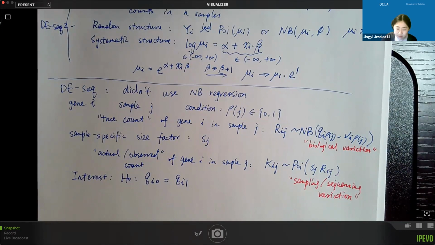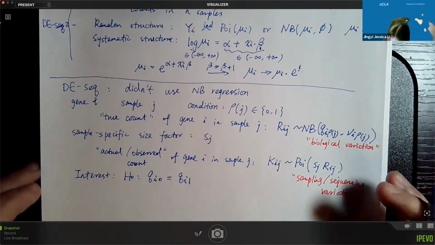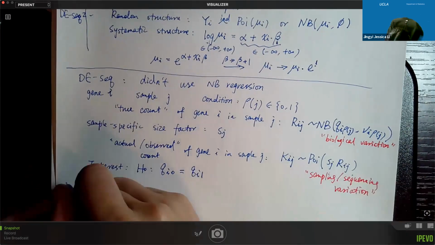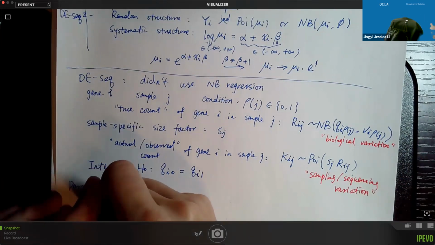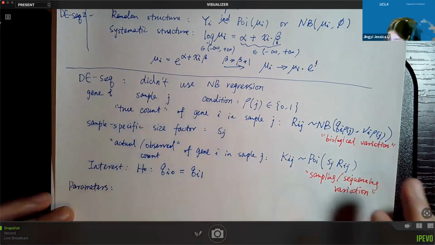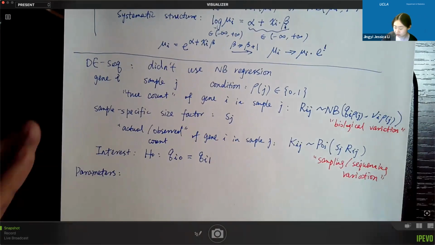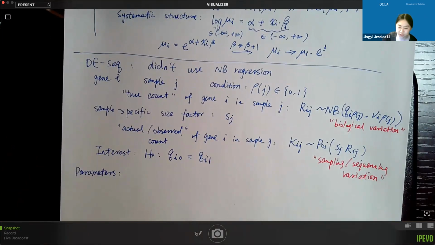So the authors made several assumptions for the parameter estimation, and I'm going to talk about them one by one. So how to estimate the parameters. If you look at the DESeq paper, you will see everything I said here, but I'm just introducing it in a slightly different way by reorganizing the contents for ease of understanding.